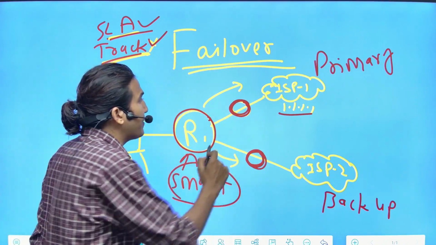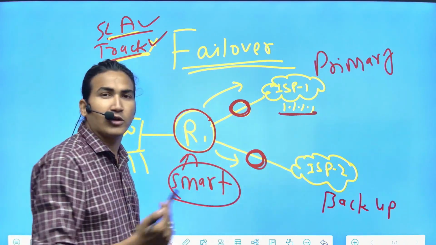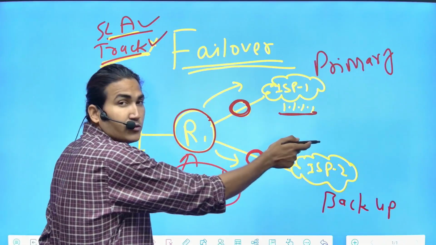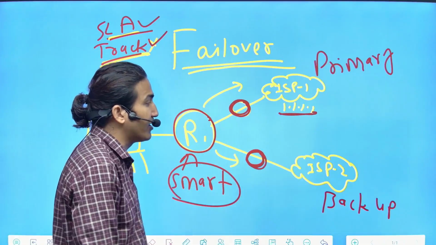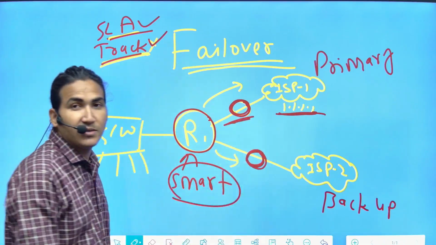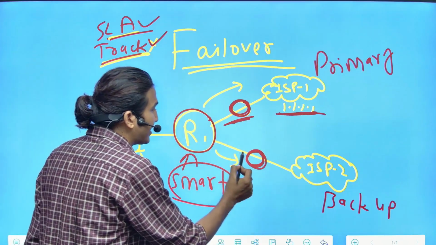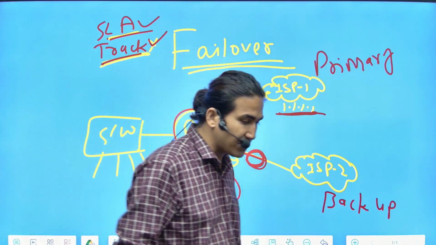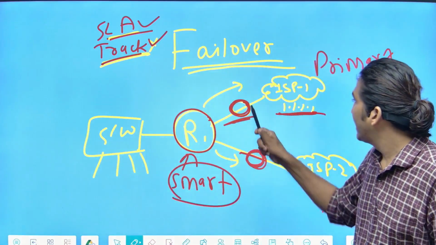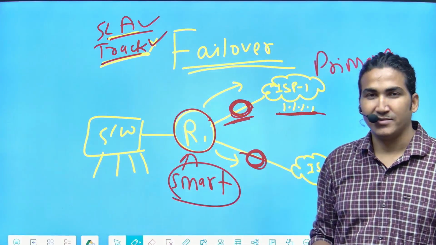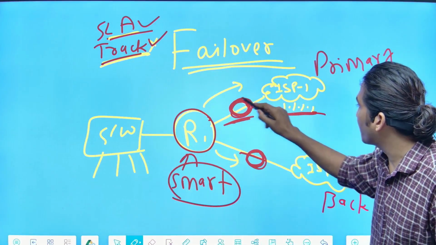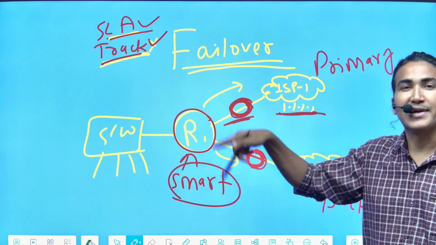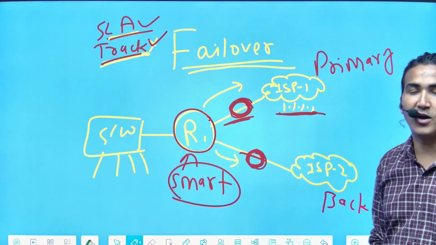Connectivity doesn't matter. Maybe connectivity is there to 1.1.1.1 or maybe it is not. If connectivity is not there, definitely it will fail over. If this link is not behaving better than this link, my smart router will be forwarding traffic to the ISP based on their WAN link quality, not based on whether the connectivity is there or not.